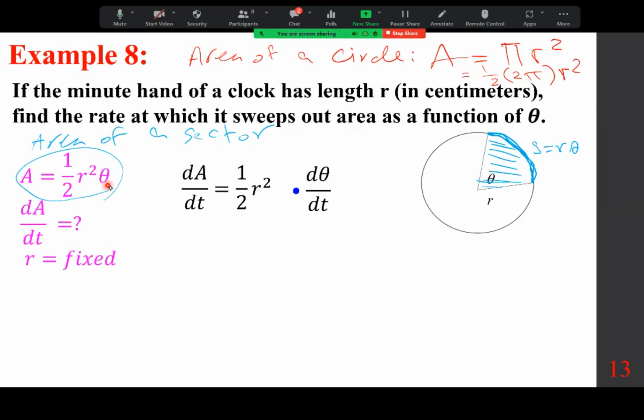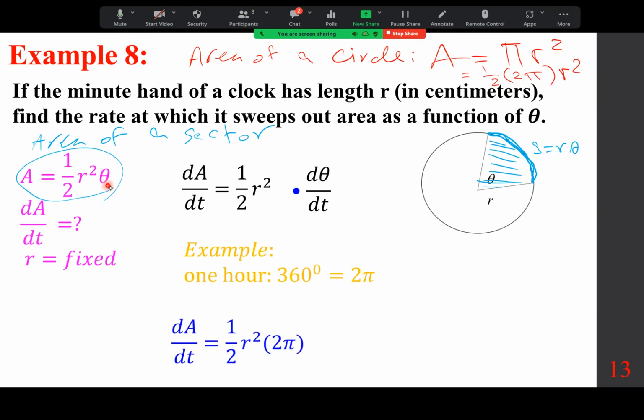That's all they're asking. So for example, if it's 1 hour, meaning 360 degrees or 2 pi over the course of an hour, then 1/2 r squared times 2 pi gives you pi r squared, and the units of the area over the units of time.